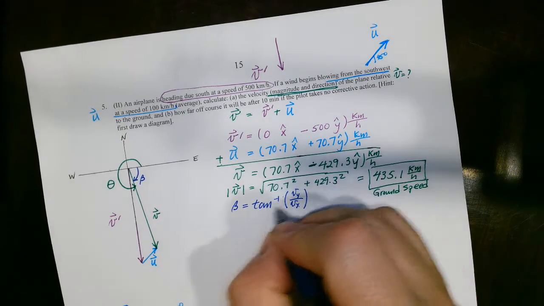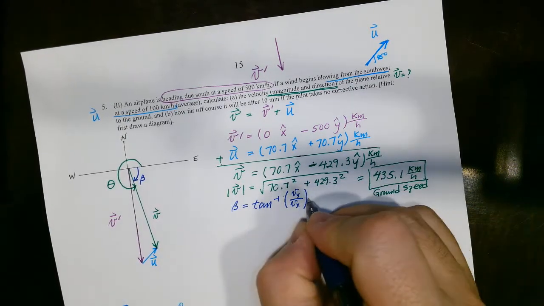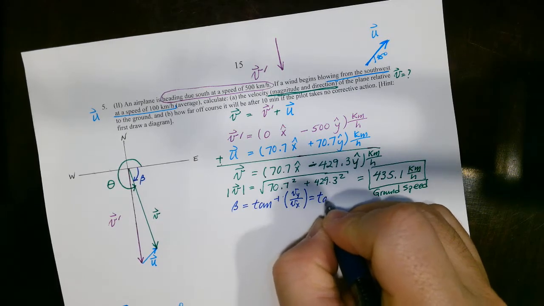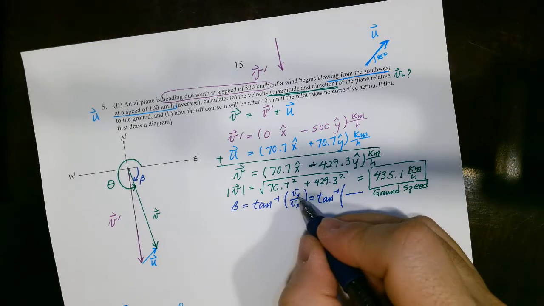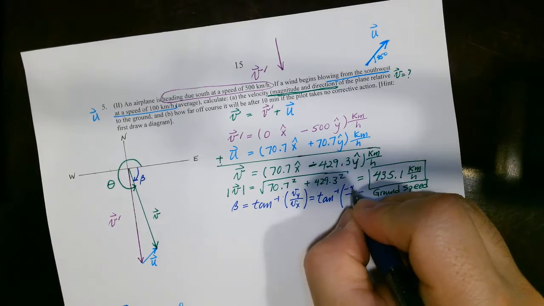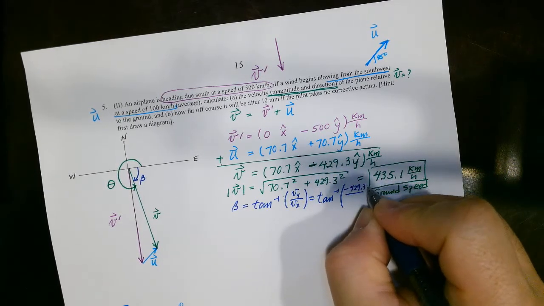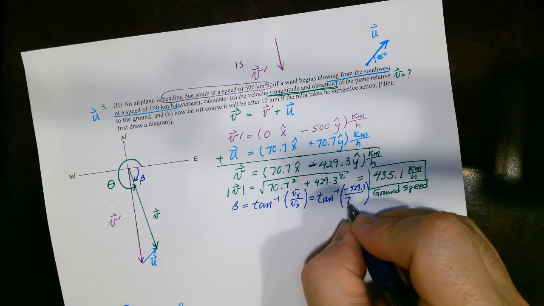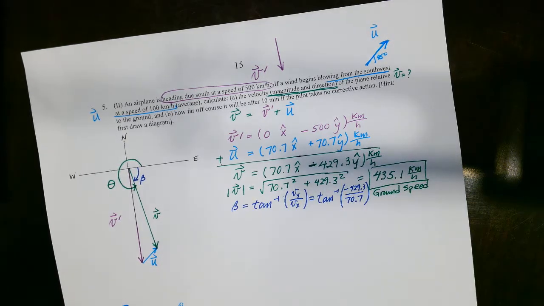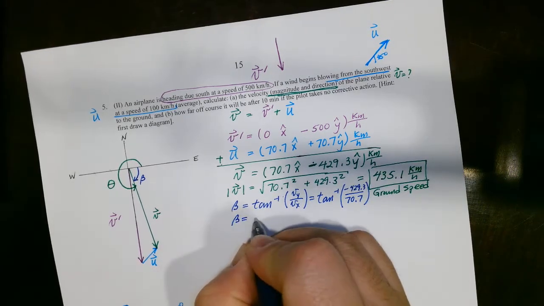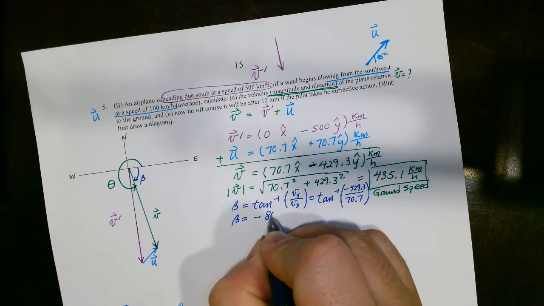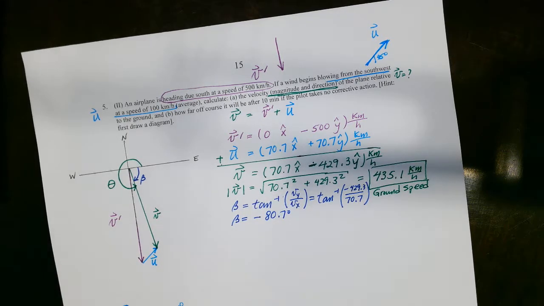So if you plug in the values, you get tan inverse of vy, which is negative 429.3, over vx, which is 70.7. If you calculate that, your beta comes out to negative 80.7 degrees.